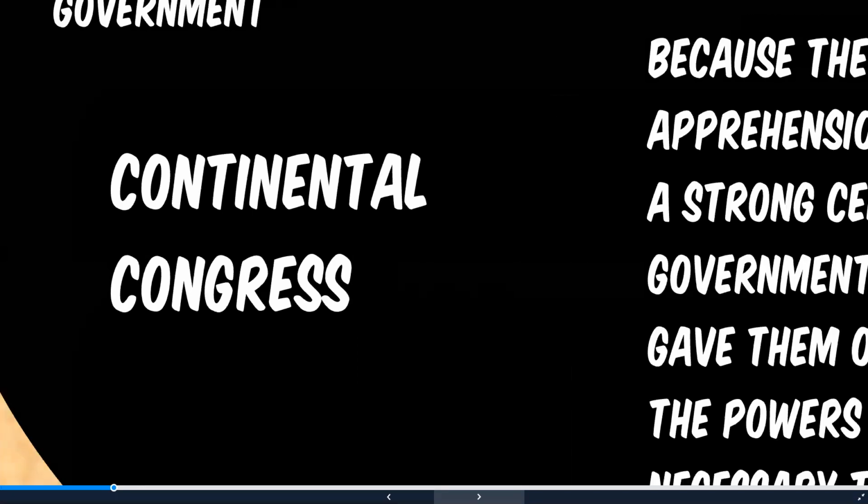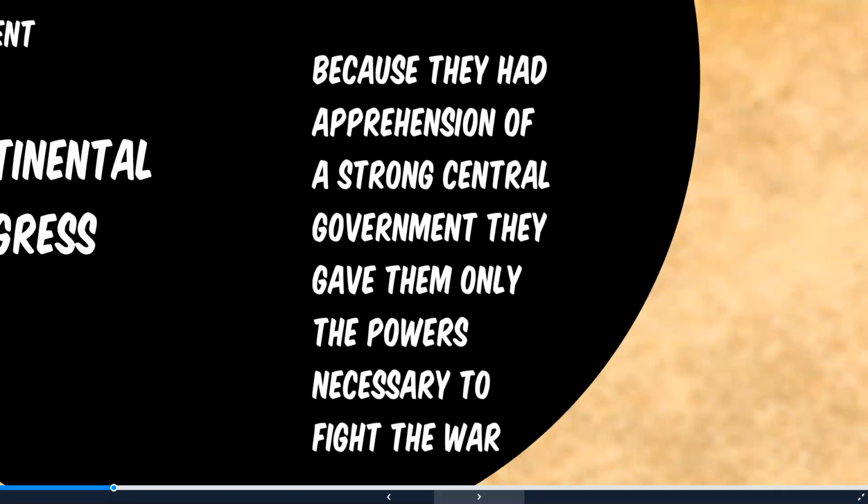It's the first one we had. But we still had a very strong apprehension from having a central government. We hated a central government. We knew it was necessary in order to fight a war, to be organized and to collectively fight the war. So having this necessary evil, they decided that we're only going to give that central government limited powers.